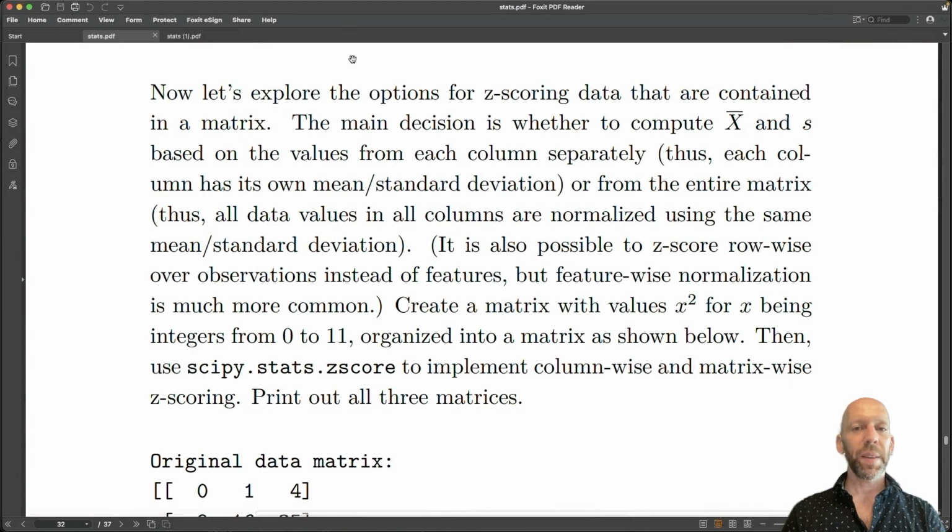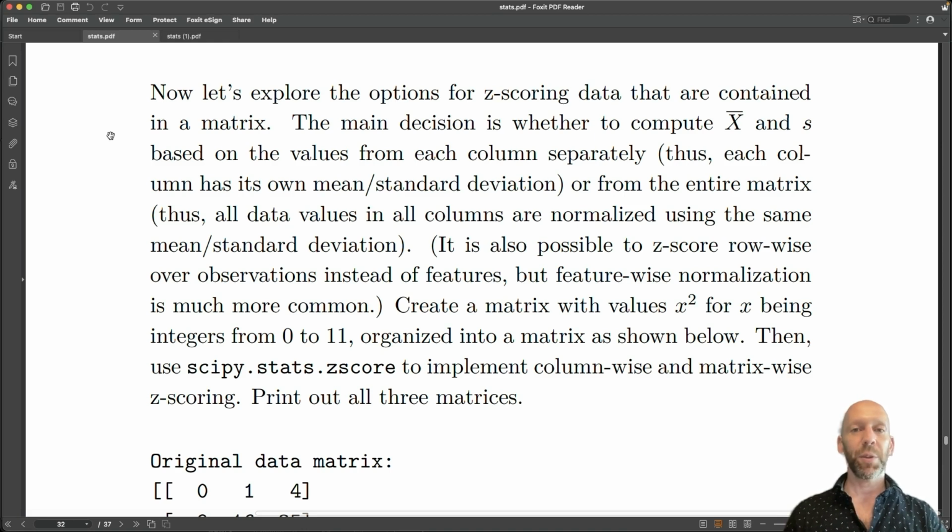The second part of this exercise is about z-scoring when you have data that are stored in a matrix. Now, when you have data in a matrix, you basically have three options for how to apply the transformation. You can apply it column-wise, so each column, independently of every other column, gets Z transformed.